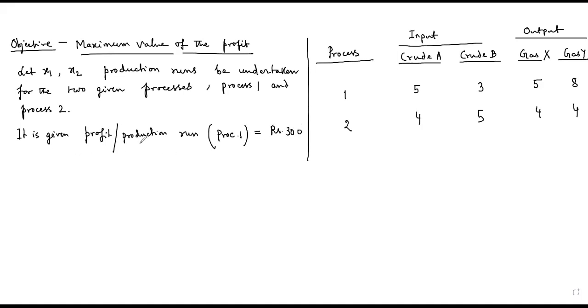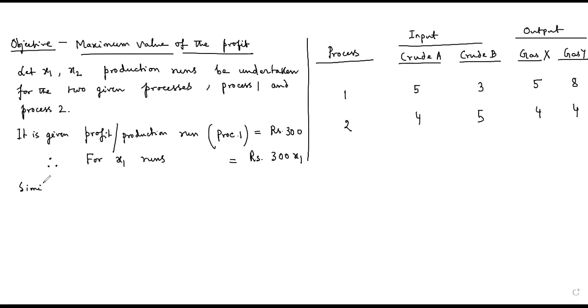That is, for one production run of process 1, profit is rupees 300. Therefore, for X1 runs, the profit will be rupees 300 into X1.